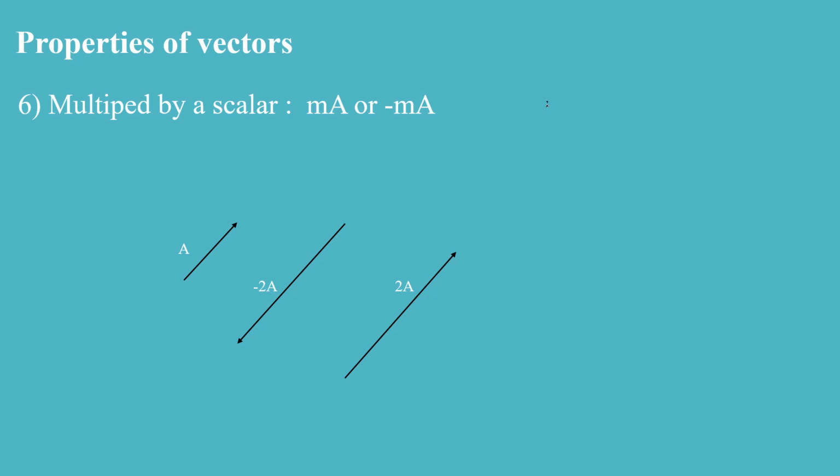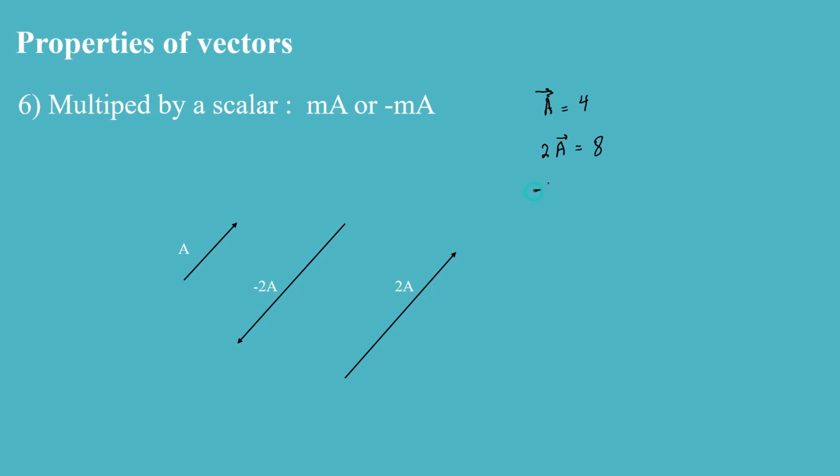So for example, vector A has a magnitude of 4, right? And then if I go with 2A, then it's going to be 8, because 2 times 4 is 8, right?